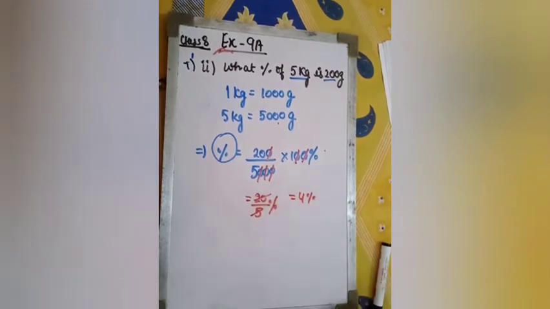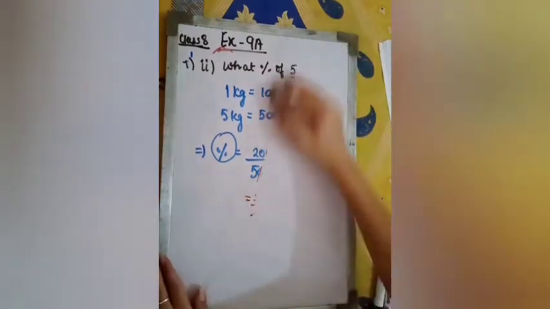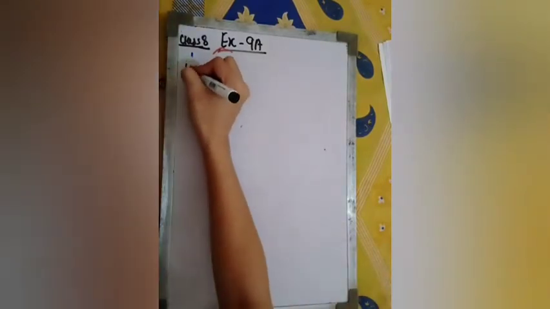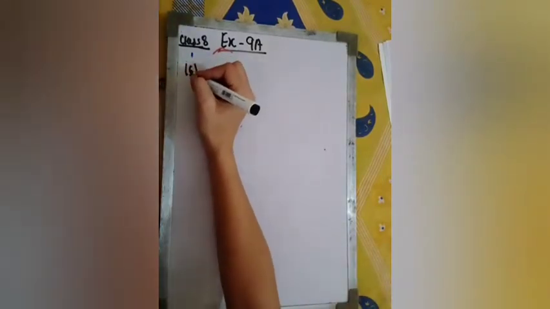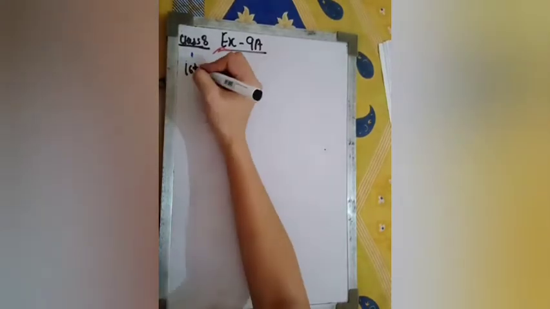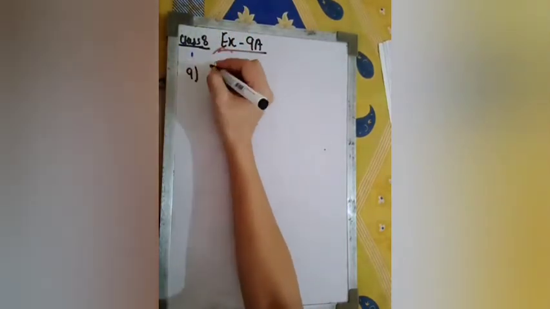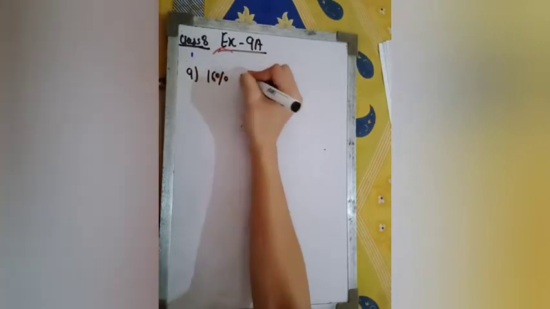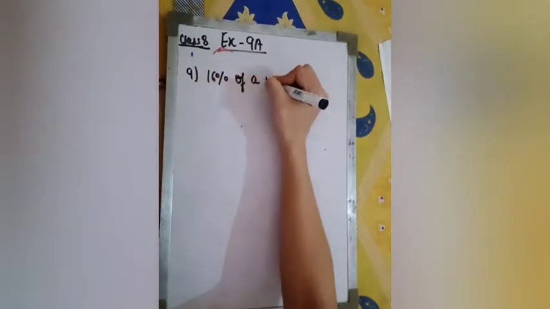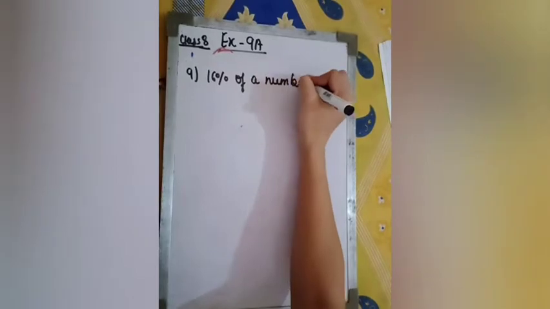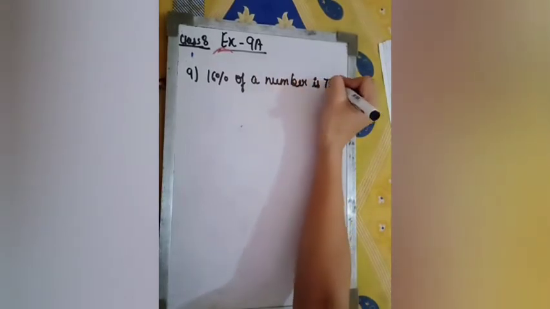Okay. Now move on to the question number 16. Question number 16 is saying, 16% of a number is 72.